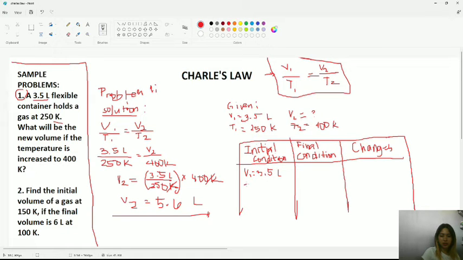Then T1. The final volume we got is 5.6 liters. So, this is the initial volume and the final volume. The final temperature is 400 Kelvin.